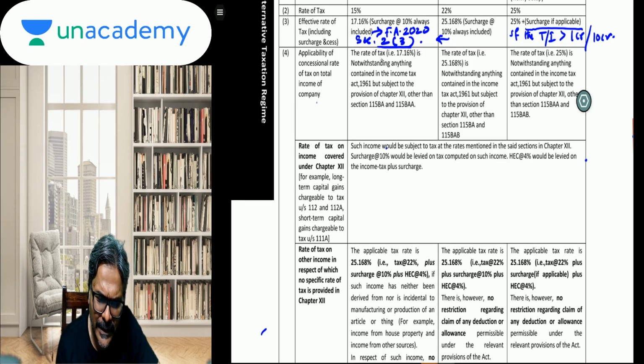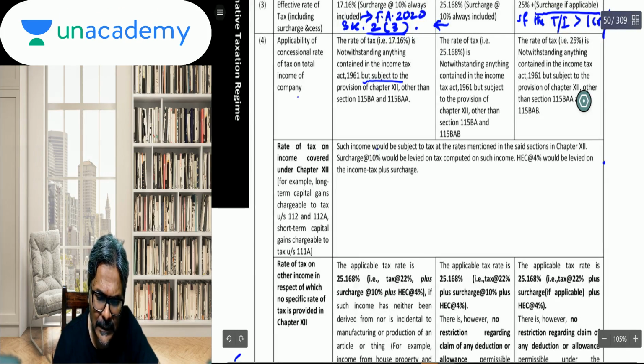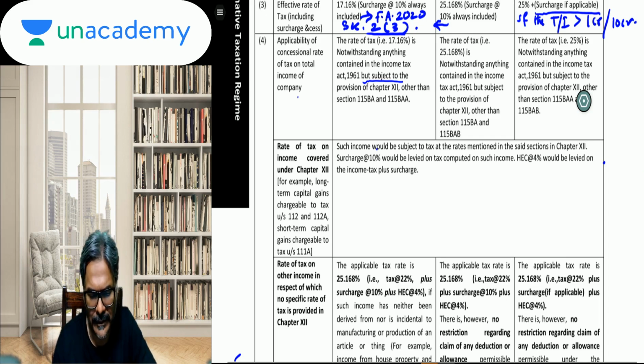That is to say, the rate of tax is notwithstanding anything contained in the Income Tax Act, but subject to what? Subject to the provisions of Chapter 12 other than Section 115BA and BAA. Now if you see below that, rate of tax on the income covered under Chapter 12.